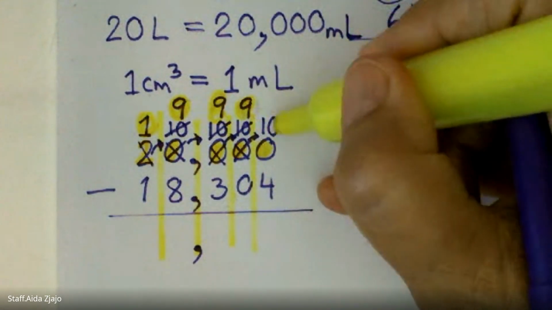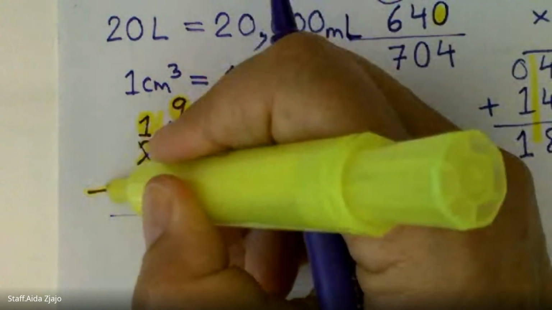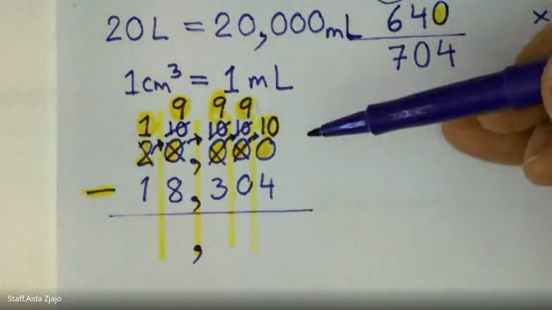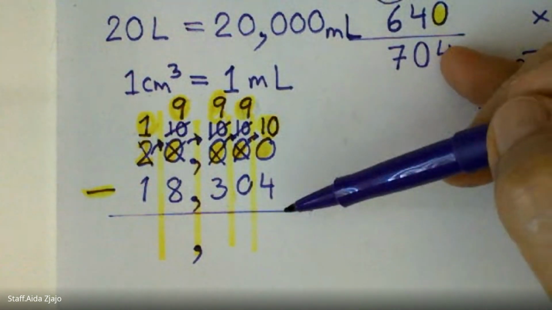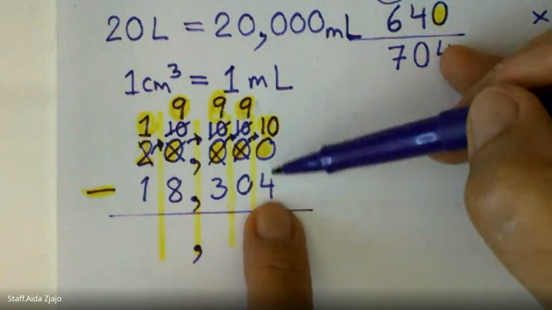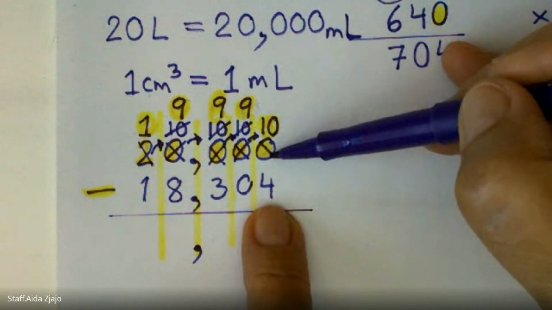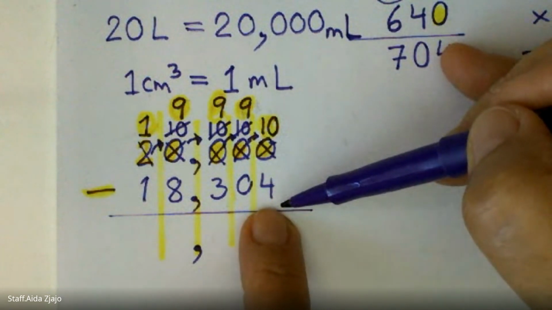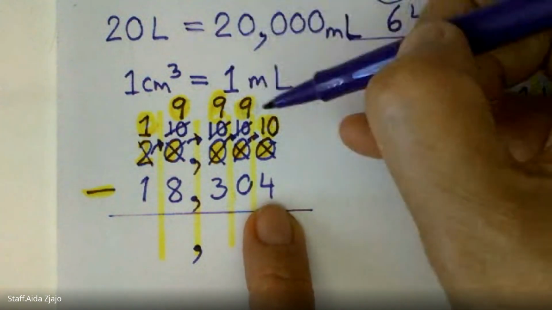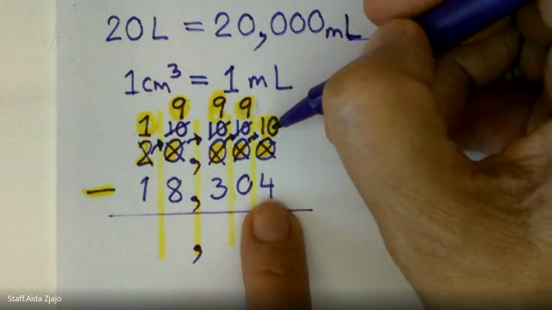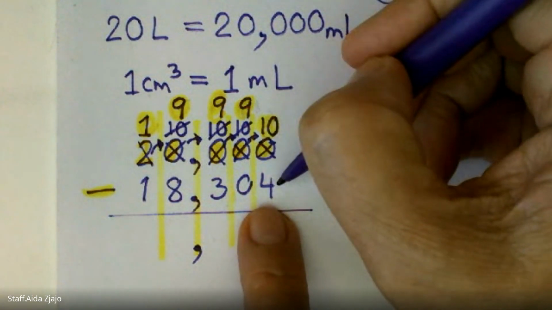Now, when I do subtraction, I have to have values in order to give away. I had none here, and I need to give away 4, so I couldn't do it. Now when I look at my equation, I can say, oh, I have 10 ones, I can give away 4.